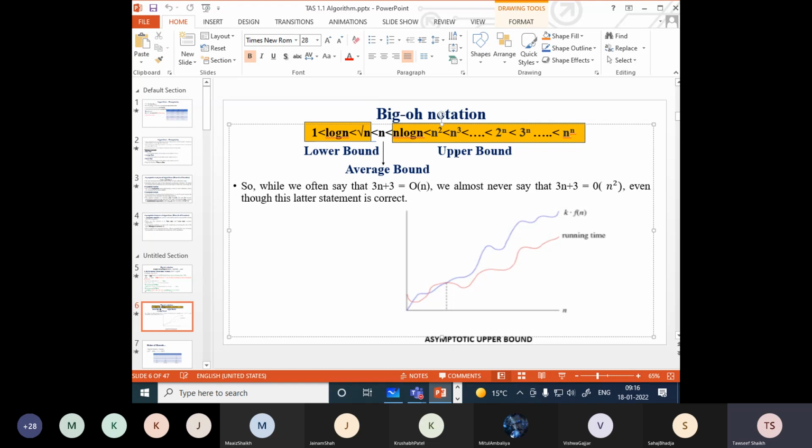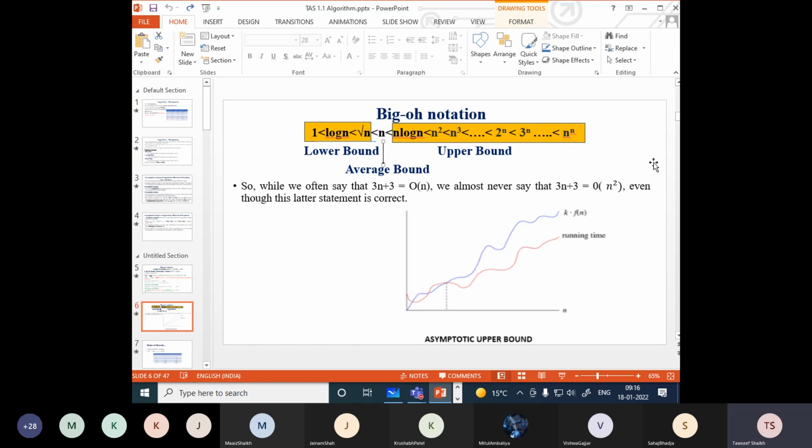So big O could be any one of those functions on the right hand side of this linear function, that is n, which is f of n at this time. But on the left hand side, the functions whose growth is lesser than the growth of n are known as the lower bounds of this function.